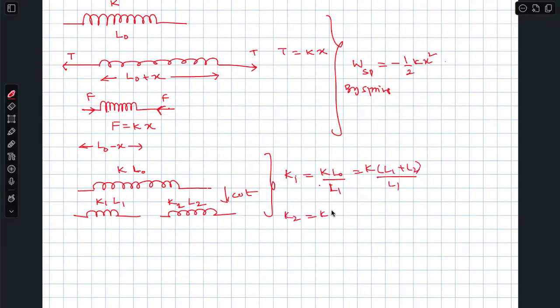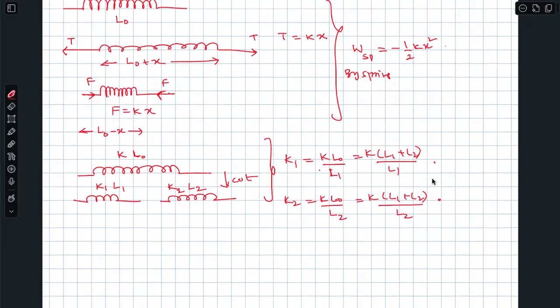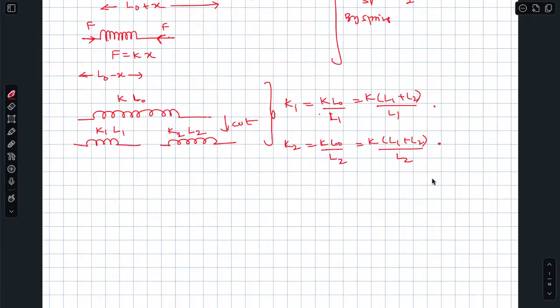Similarly, K2 is nothing but K L0 by L2, that is K times (L1 plus L2) by L2. Got the point? Any doubts? Are we clear? Right.